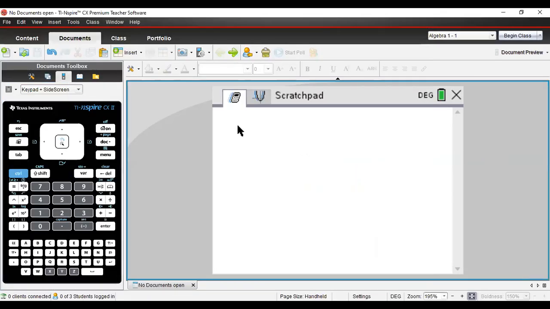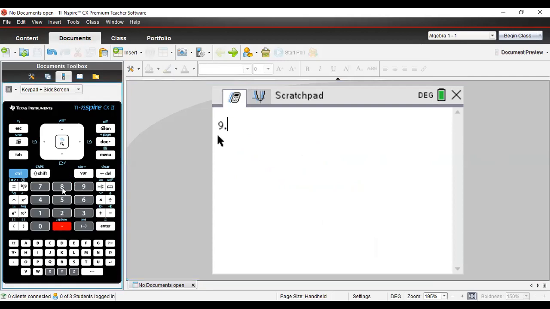So over here on the calculator, I'm going to store 9.81 into G. That's done. Then I'm going to store 67 meters into L. And then I am just going to use nsolve.